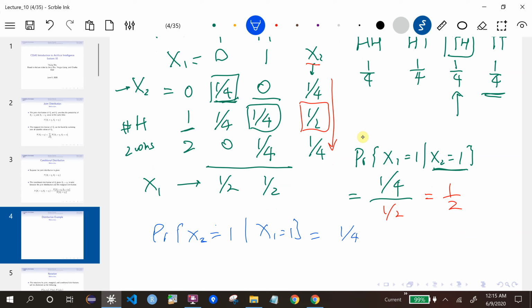On the top, it should be 1/4, for the same reason, they're happening at the same time, divided by only x1 is 1. Again, the marginal distribution, a half. So yes, it is indeed a half. You can calculate all the other conditional distributions the same way.